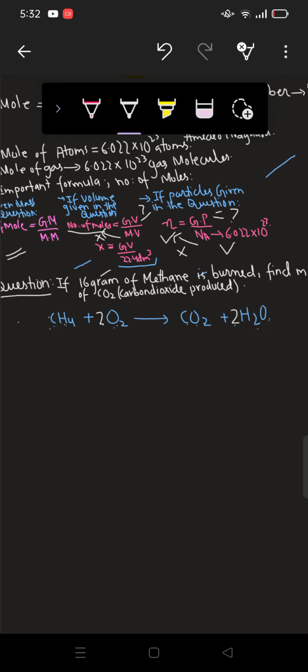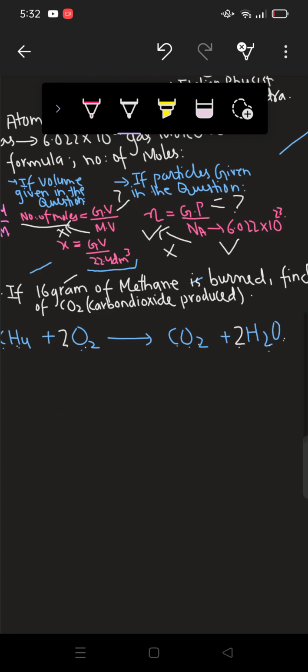But if it is a balanced chemical equation, you need to check whether that equation is balanced or not. If it is unbalanced, you need to balance it. I have made you learn the trick as well, and that is of course 100% right. Then you can balance that chemical equation, then try to solve the question which is given to you, right?